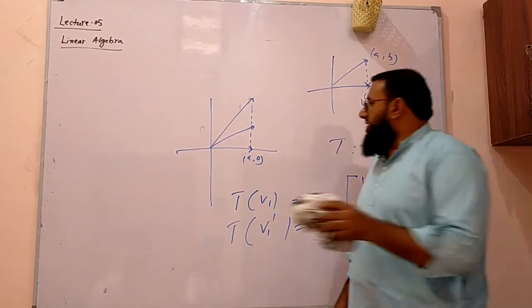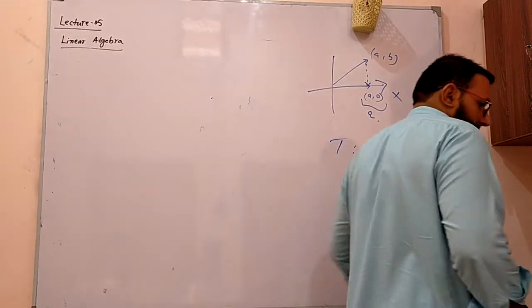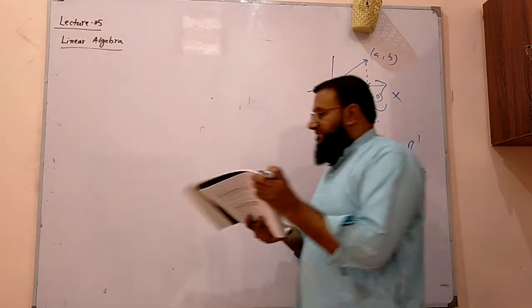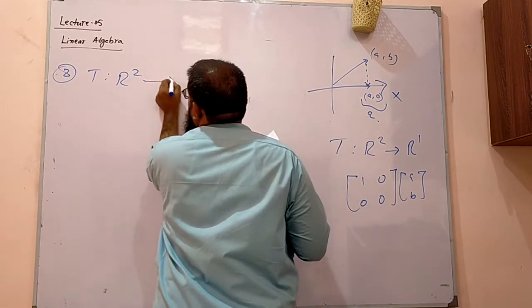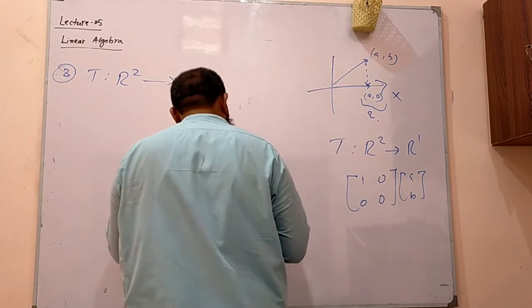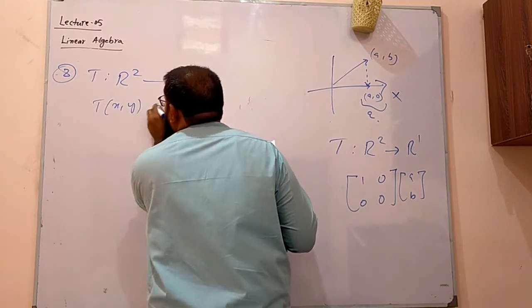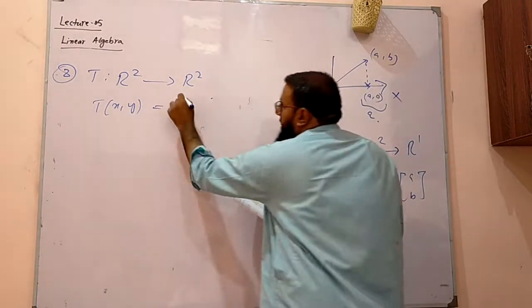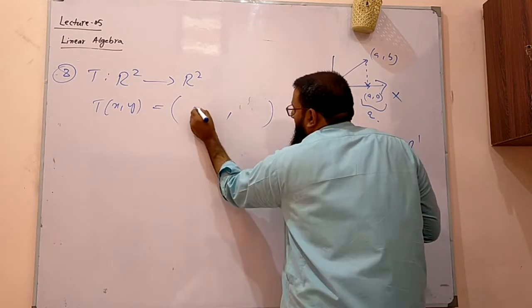Okay, so another example is number 2. T from R2 to R2, and you define this. Is this a two-dimensional vector? You get a two-dimensional vector, and your output would be two-dimensional. It means I am giving a comma in between, and your output would be of this form.